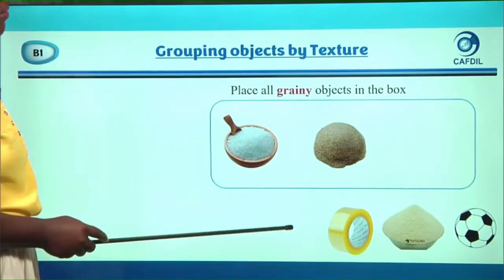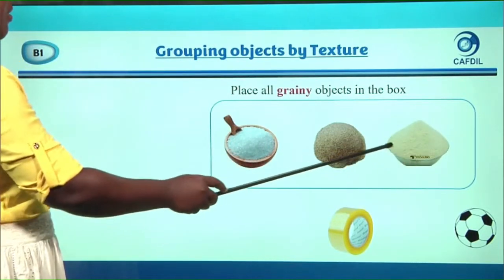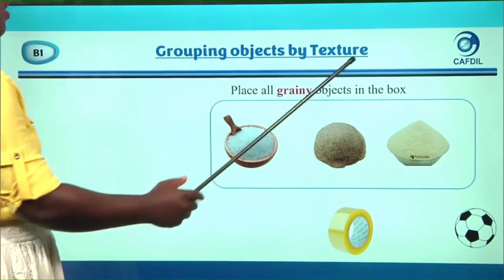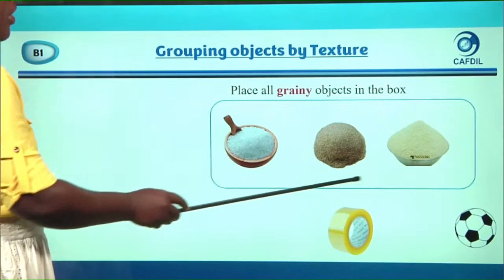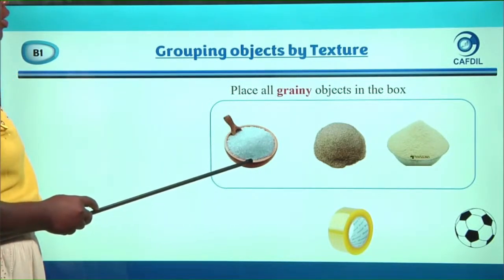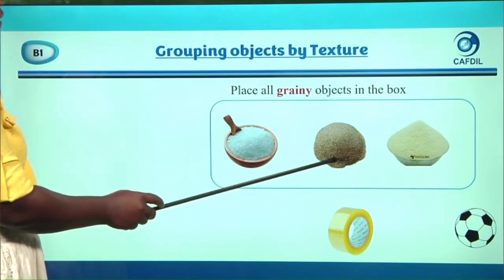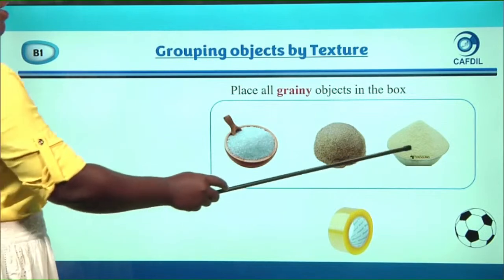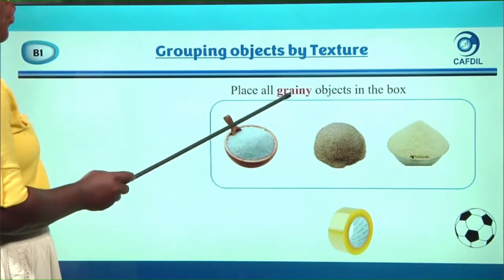Gari. Gari is also grainy. So all these three objects are grainy. We have salt, sand, and gari. They are all grainy.